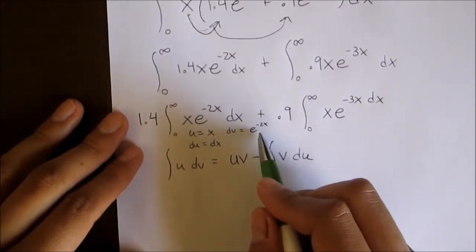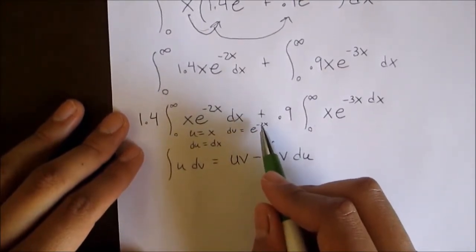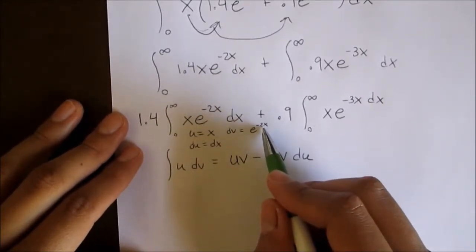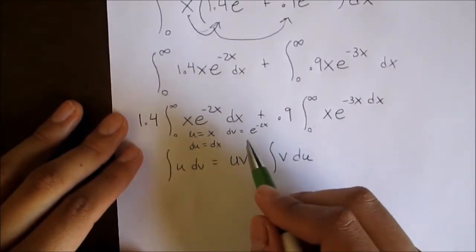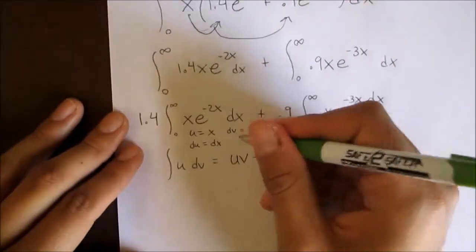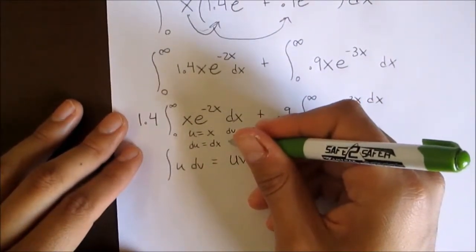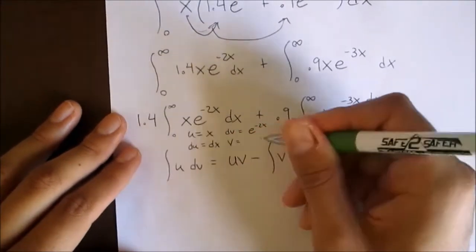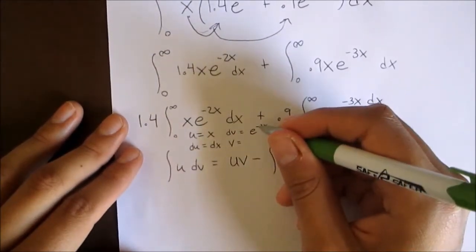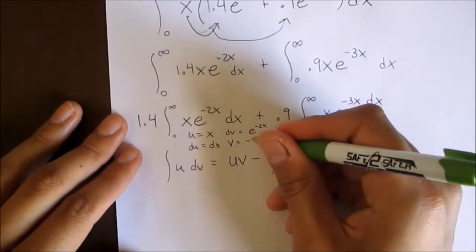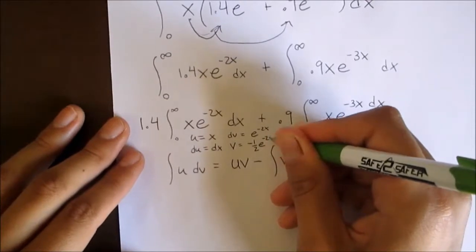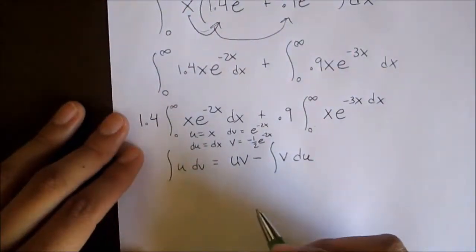So you're going to have to integrate this, and basically that's a U-substitution, which would be negative 2, and then you take it out to the other side. So v equals negative 1/2 e to the negative 2x, just like that.